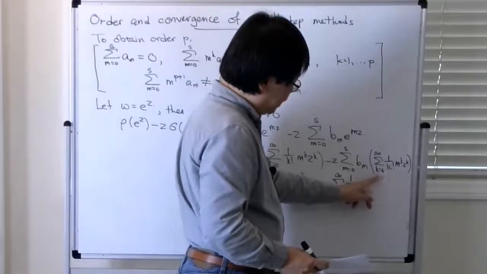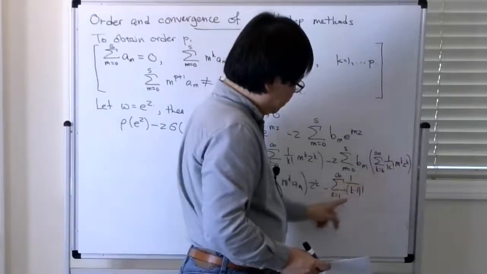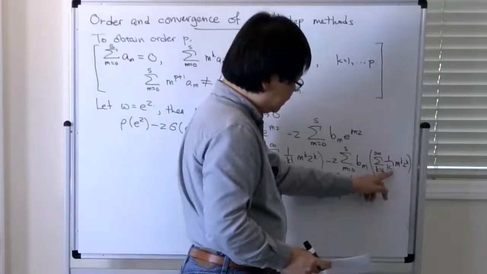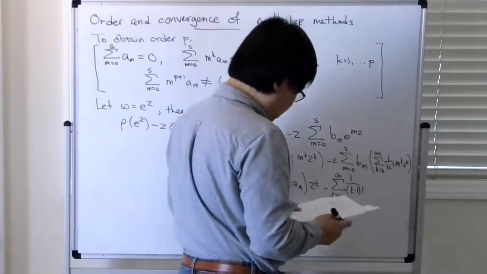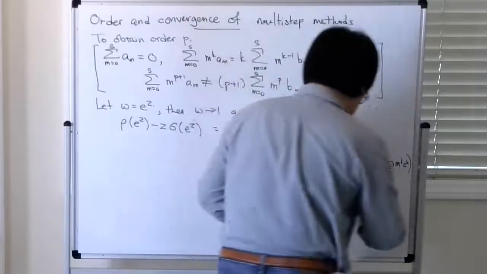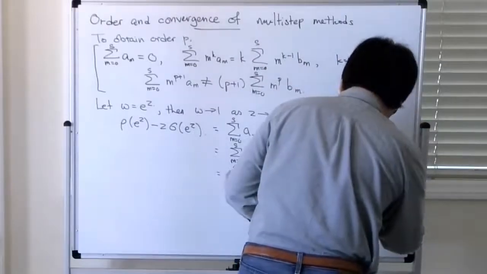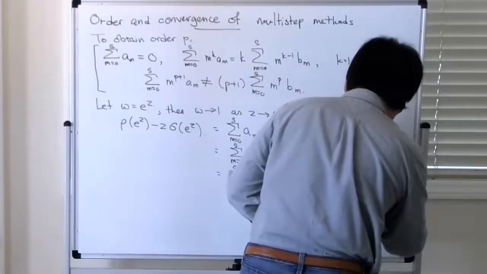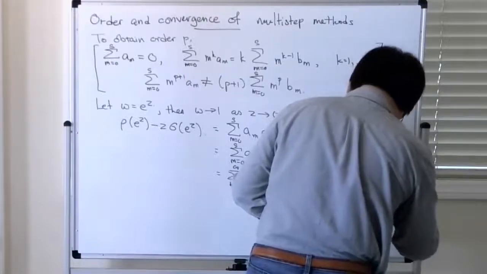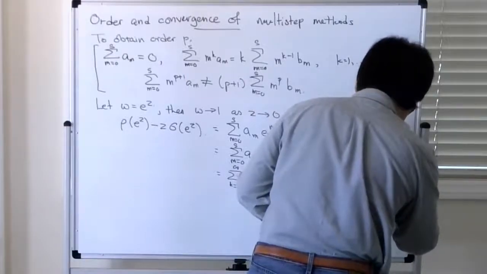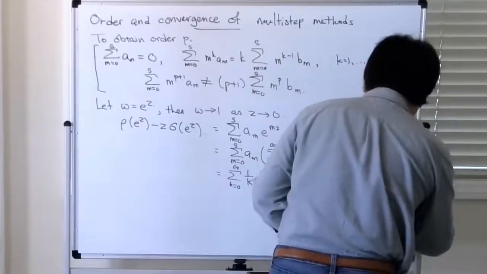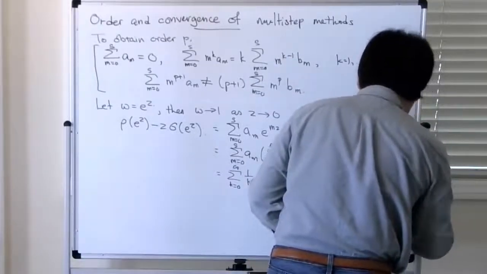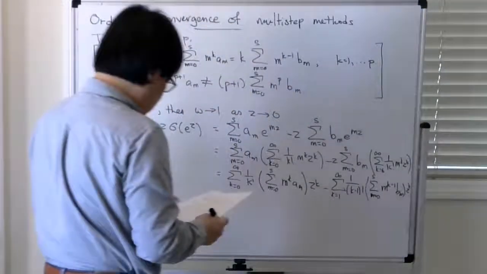Instead of going from k equals 0 to infinity, I go from k equals 1 to infinity, but every time I see a k, I replace it with k minus 1, so that I still get the same terms. And then that's the sum from m equals 0 to s of m^(k-1) b_m, and then z^k.